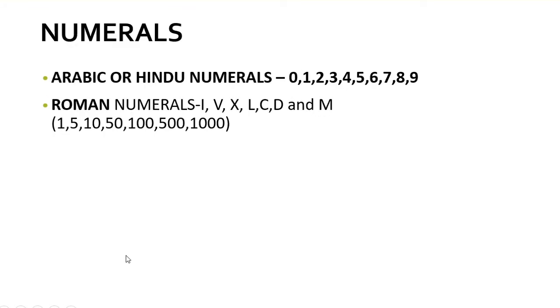The next important topic and the last topic of this chapter is Roman numerals. The symbols that we use in our daily life are from the Arabic or Hindu numeral system. The symbols are 0 to 9. And Roman numerals, we are all using the Roman numerals.